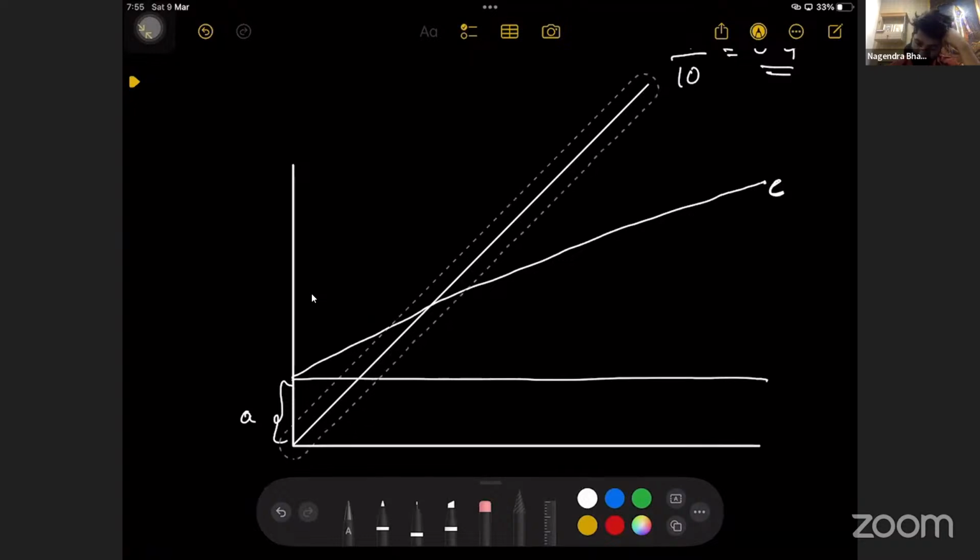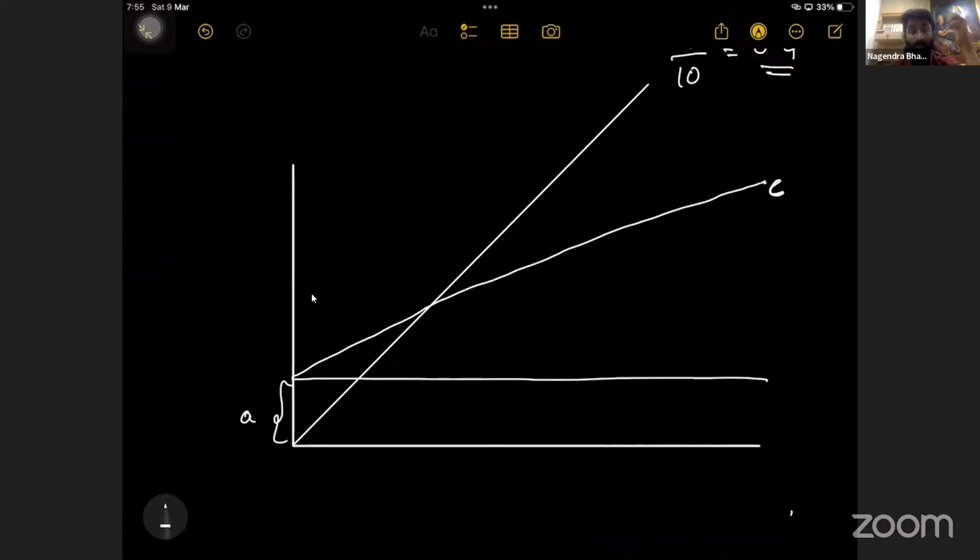Because it is also called the equilibrium line. Whatever you receive, if you spend that, what is the y-axis? Y-axis is consumption. X-axis is income.